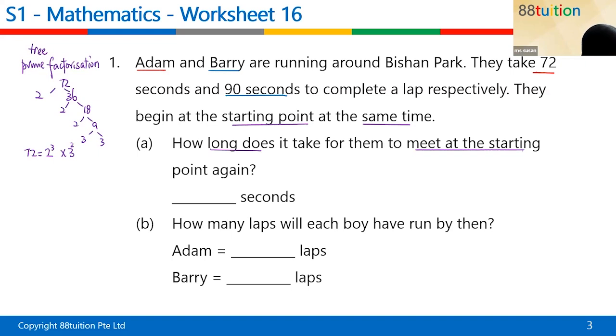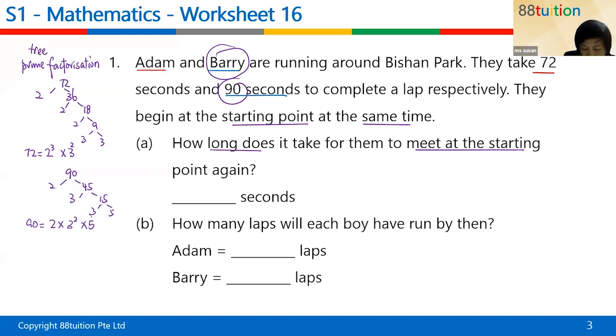And then you have also 90, because Barry is 90. So I want to do another prime factorization here. Divide by 2, 45, divide by 3, 15, divide by 3 and 5. So for 90, what we have is 2 times 3 to the power of 2 times 5.